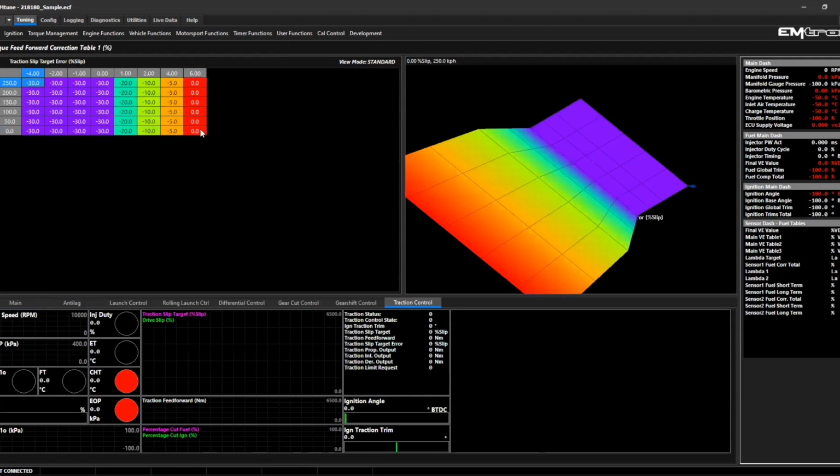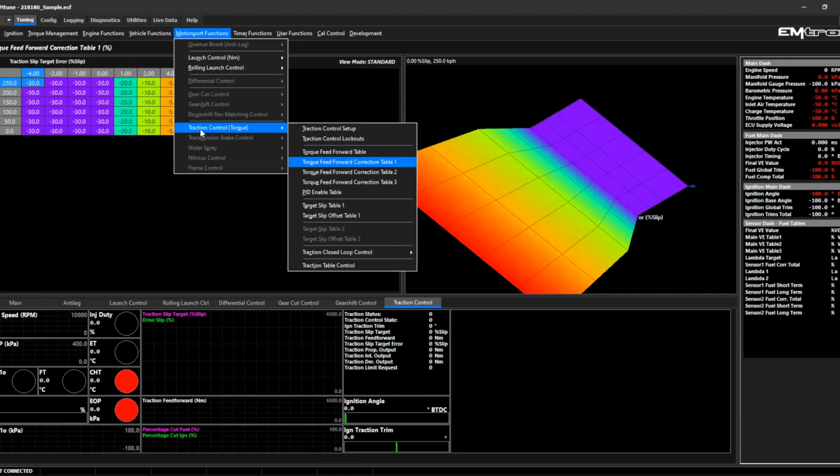Now we have feed forward correction tables, a number of those, and these basically allow you to bend this feed forward on a number of conditions. The most obvious conditions will be G-force characteristics, so lateral G being obviously a huge effect from the cornering forces.